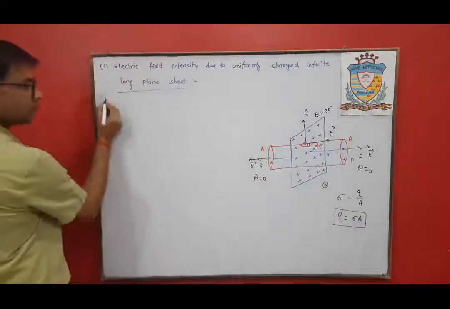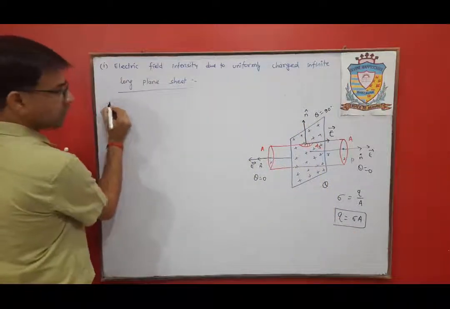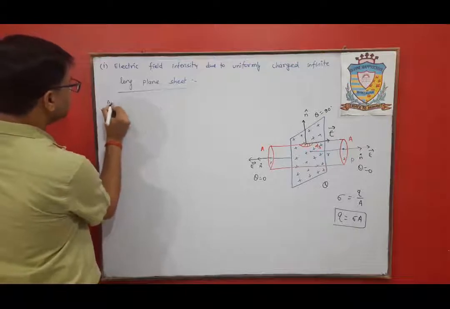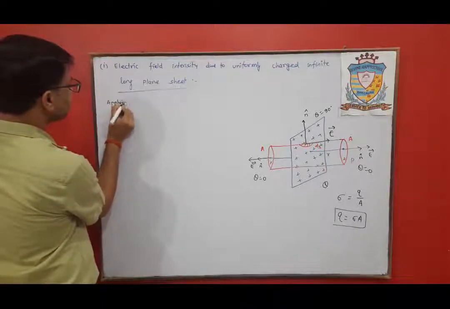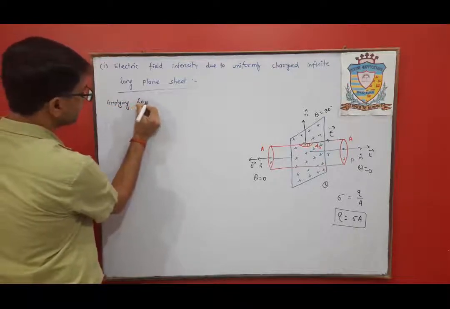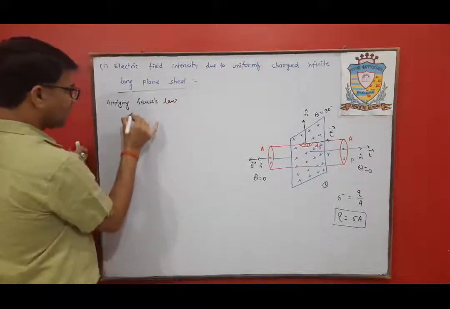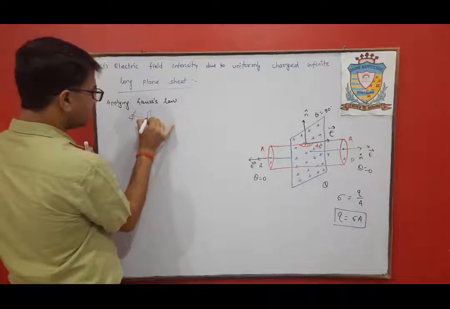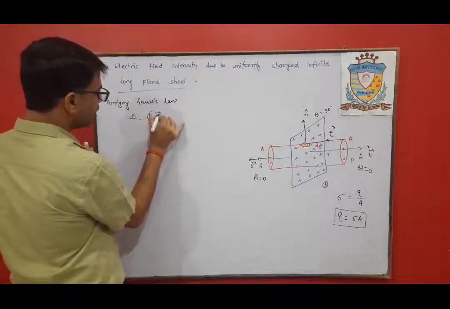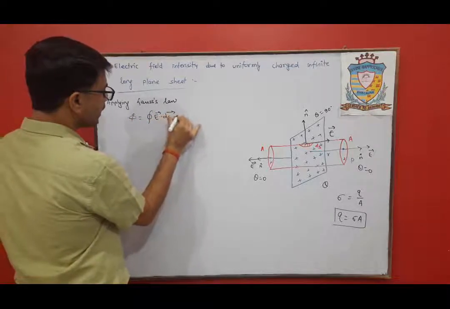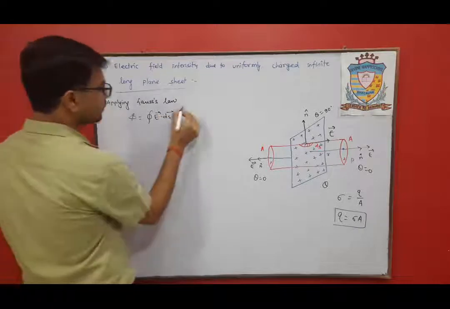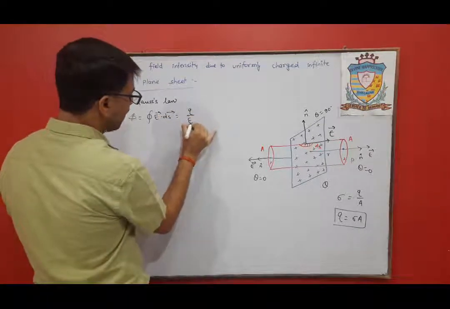Now applying Gauss law, total flux is equal to closed integral of E dot ds is equal to Q upon epsilon naught.